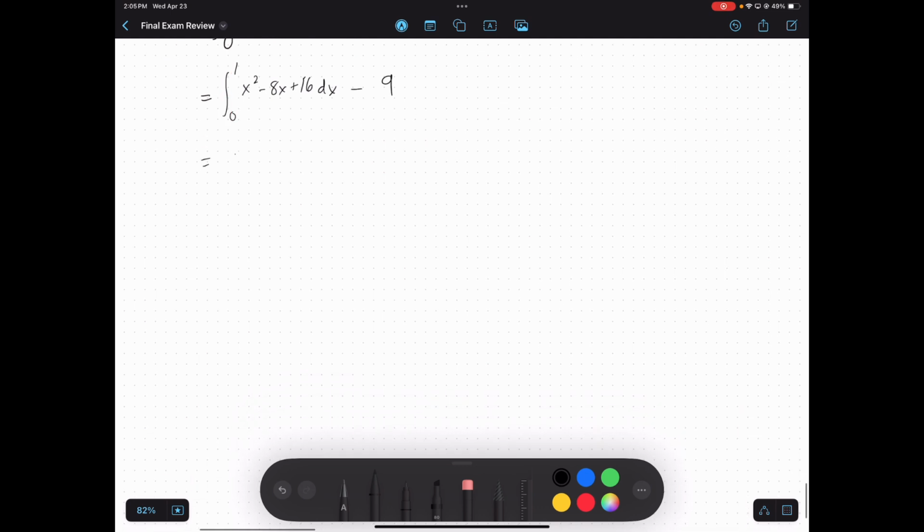So then that gives me my antiderivative of x cubed over 3 minus 8x squared over 2, which simplifies to 4x squared, of course, plus 16x, evaluated from 0 to 1, minus 9. If I plug 1 in, I get 1/3 minus 4 plus 16. If I plug 0 in, I get 0.